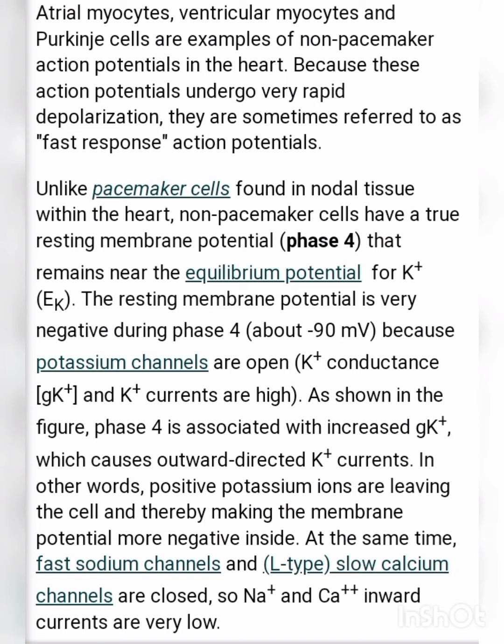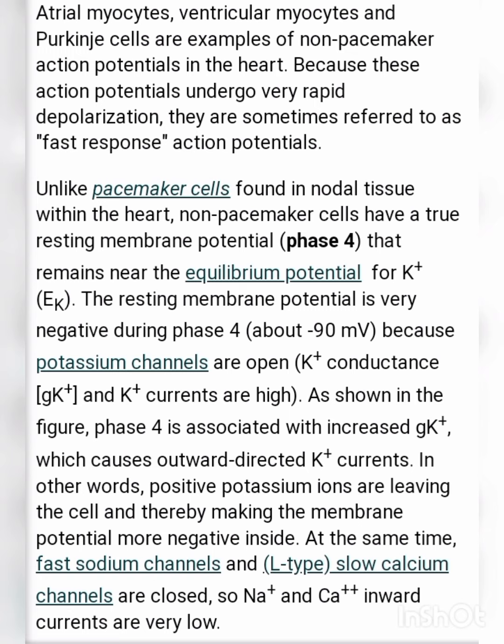The resting membrane potential is very negative during phase 4, about -90 mV, because potassium channels are open, and potassium conductance and potassium current are high. Phase 4 is associated with increased potassium conductance, which causes an outward directed potassium current.